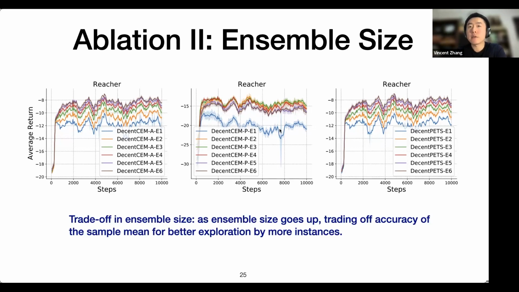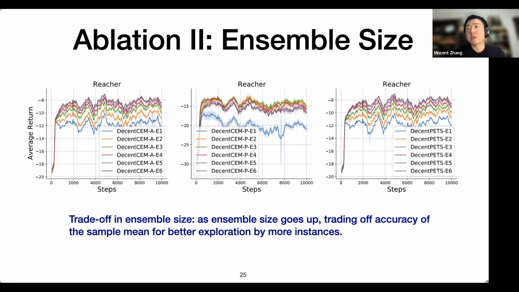So there is a trade-off in the ensemble size. As ensemble size goes up, we're really trading off accuracy of the sample mean for better exploration by more instances. And so unfortunately, to this point, we still don't really know how to systematically set the ensemble size.